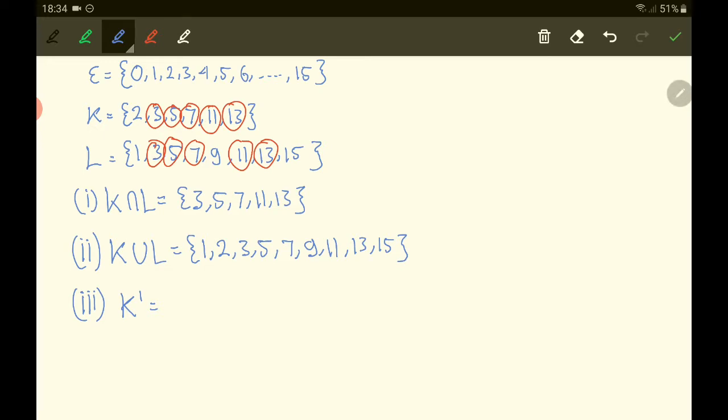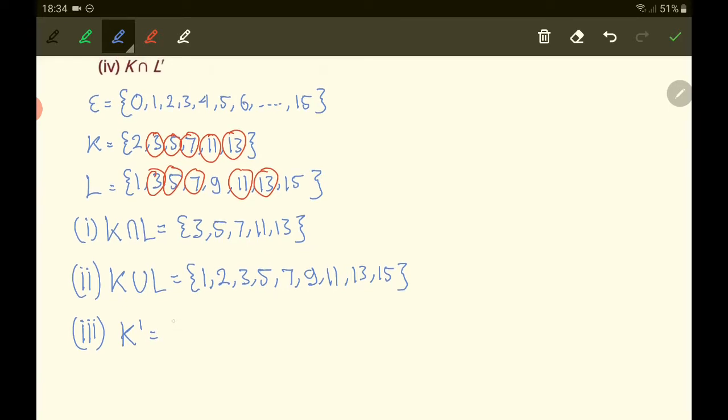So K complement is the elements that are not in K. We can write here 0 is not in K, right? So 0, and then 1, 2, 3 already there, and then 4, 5 already there, and then 6, 7 already there, so we don't write it.